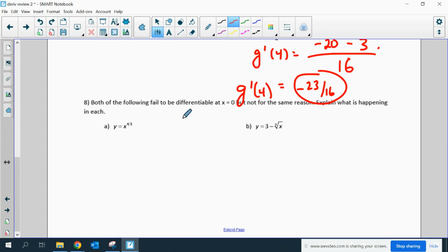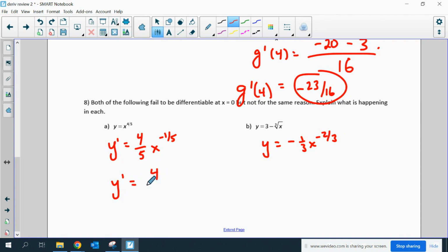Lastly, both of the following fail to be differentiable at x equals 0, but not for the same reason. Explain what's happening. So if I take the derivative, I have 4/5 x to the -1/5, and I have -1/3 x to the -2/3.